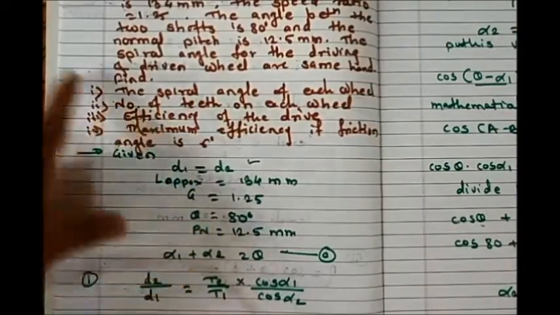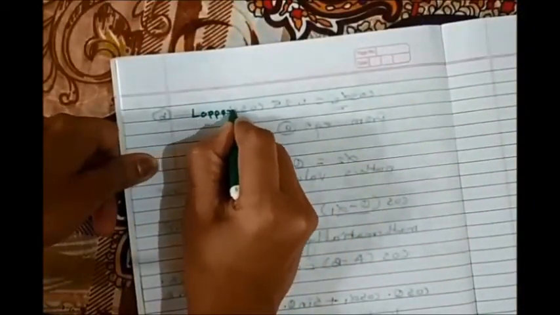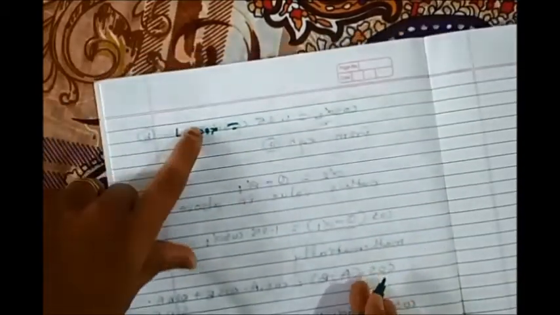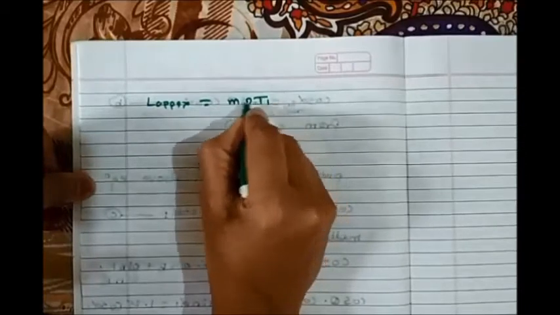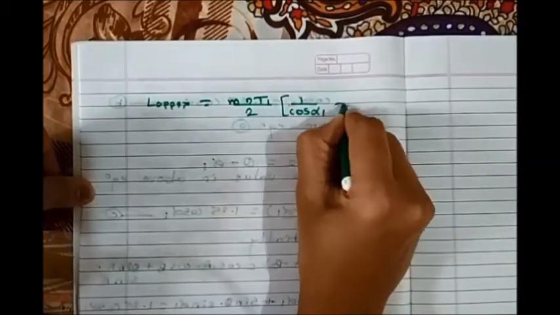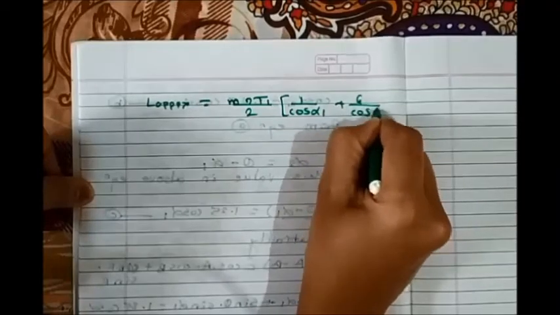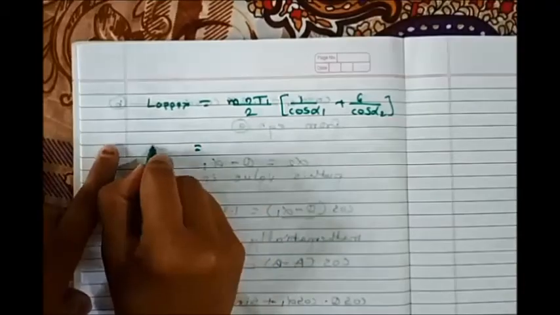Now secondly they ask for the number of teeth. For number of teeth, the given is L approx. We know the formula, L approx is equal to mn T1 divided by 2 into bracket 1 upon cos alpha 1 plus G upon cos alpha 2. Okay. So L approximate is 134.